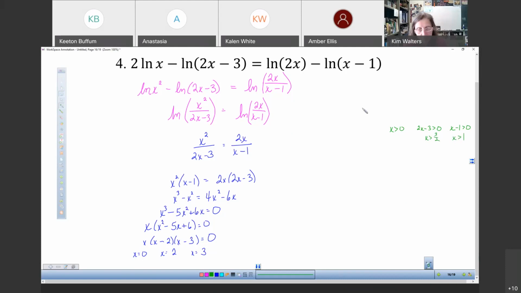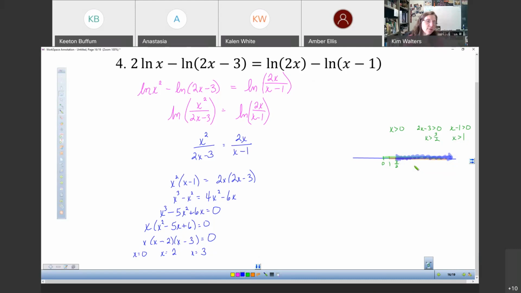Think about this. Again, if you're kind of struggling with this, think about these numbers on a number line. And I want to show you something about this. So here's 0, here's 3/2, and here is 1. Well, it has to be greater than 0, it has to be greater than 1, and it has to be greater than 3/2. All right. So this is everybody.